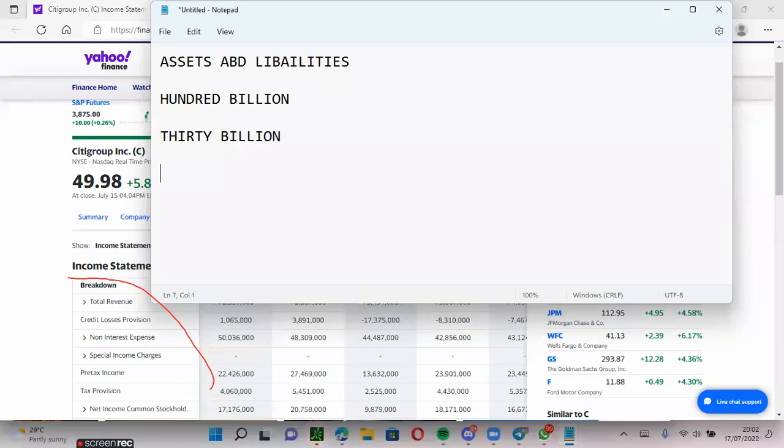So they are currently worth 70 billion, and that is divided by the number of shares. This is based on the fundamental analysis; they calculate the book value.